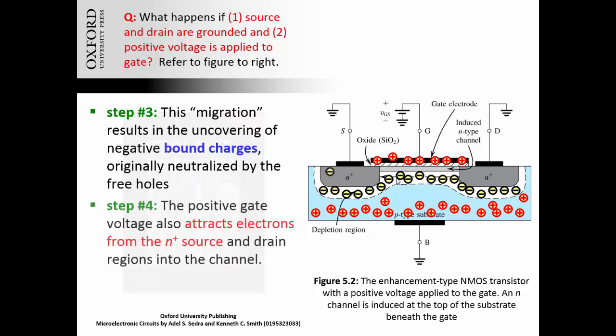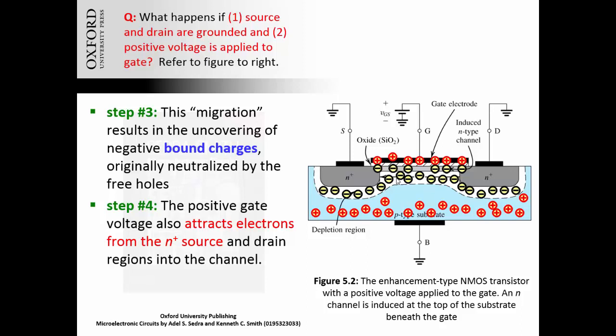So now what will happen is that because of the positive voltage applied at the gate and the subsequent positive charges that have accumulated there, they will attract electrons. The electrons are going to come from the heavily doped N regions at the source and the drain. Lots of free electrons up in the conduction band now move out under the influence of the electric field from the gate.